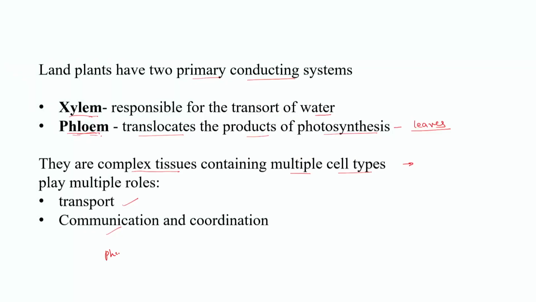That could be done with the help of phytohormones, and many other molecules. They also move through these conducting tissues, communicating among themselves.